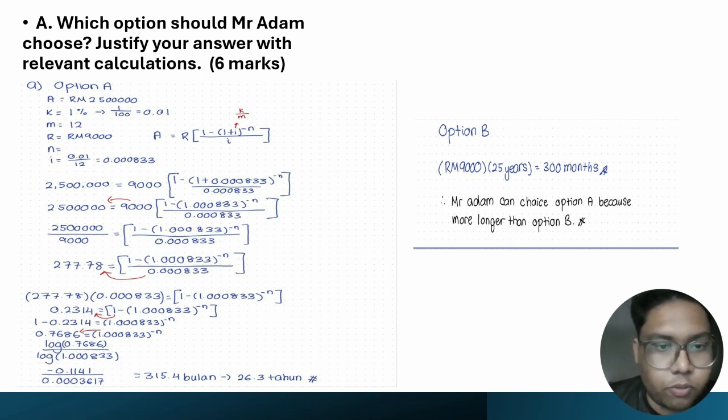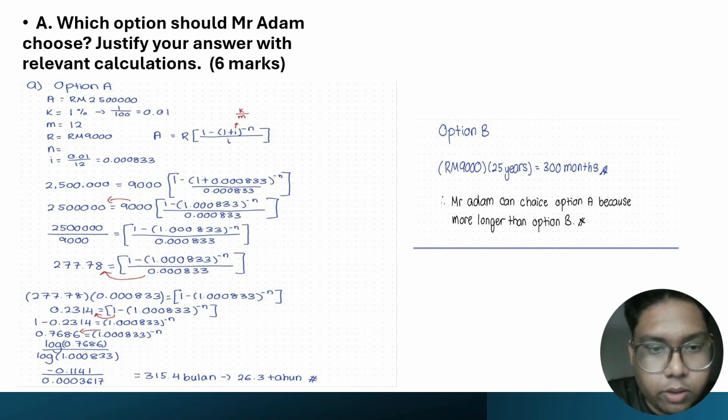So now let's move to the equation. 2,500,000 equals 9,000 times (1 minus (1 plus 0.000833) to the power of minus n) divided by 0.000833.